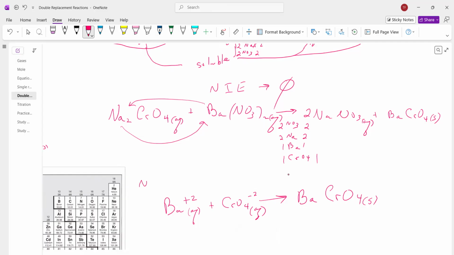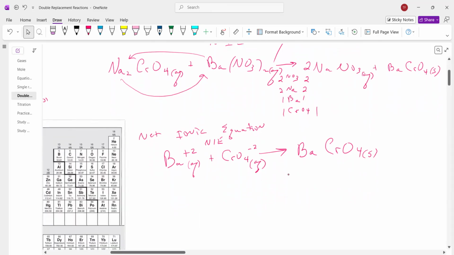So this is the net ionic equation. And notice this is also balanced.